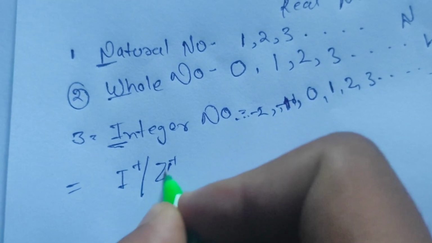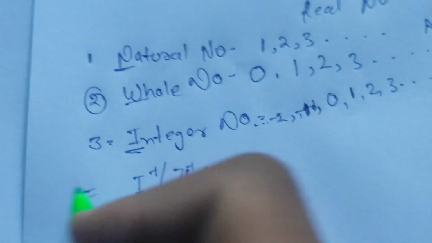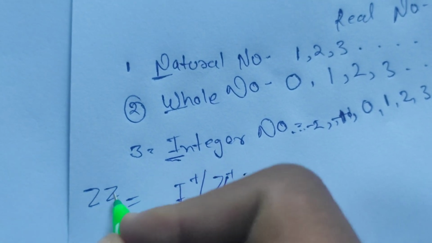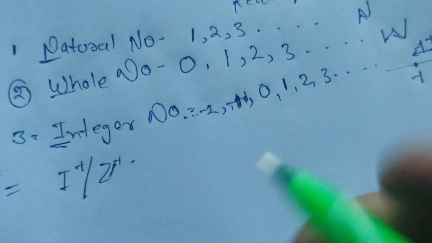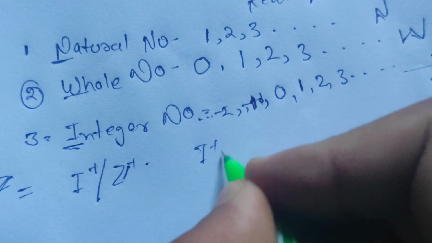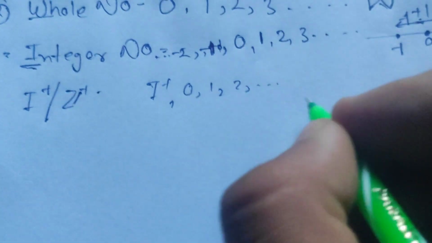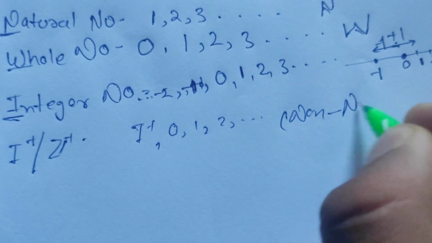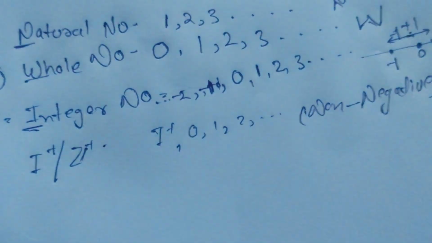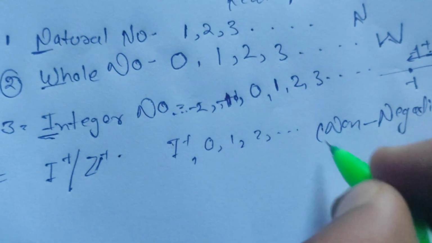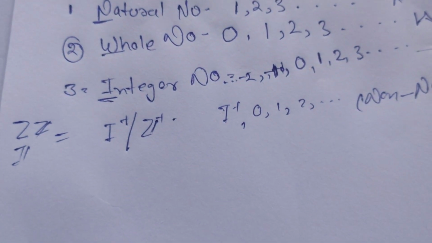Positive integers here means the non-negative integers: 0, 1, 2, 3. 0 is neither positive nor negative, but it is non-negative. So the integers which are non-negative are called positive integers: 0, 1, 2, 3, 4.